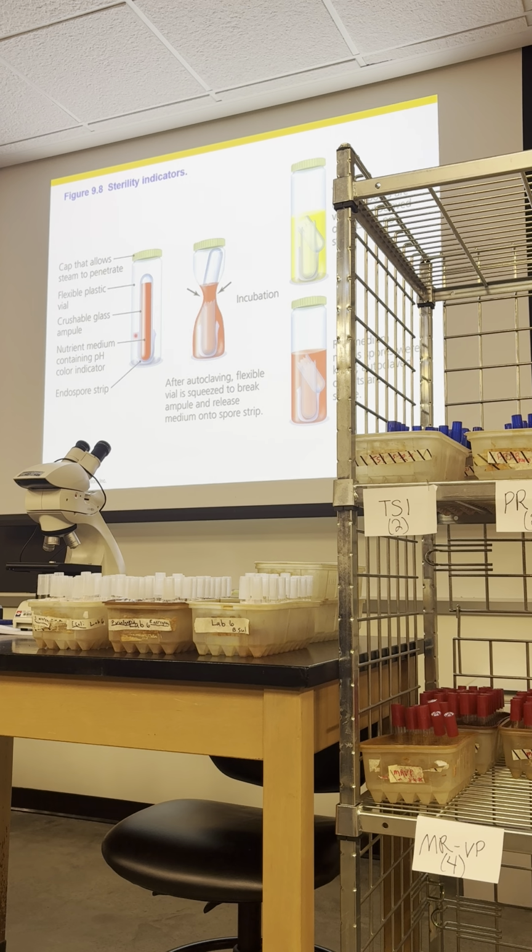On the bottom, you have a little spore strip, meaning you have little endospores on that little piece of paper. Once you've run your autoclave, you crack that open and that releases the food. If your spore is dead, well, it's not going to eat the food. But if it's still alive, the pH will change because it's eating the sugar and it'll turn a yellow color. So this is more accurate than tape.